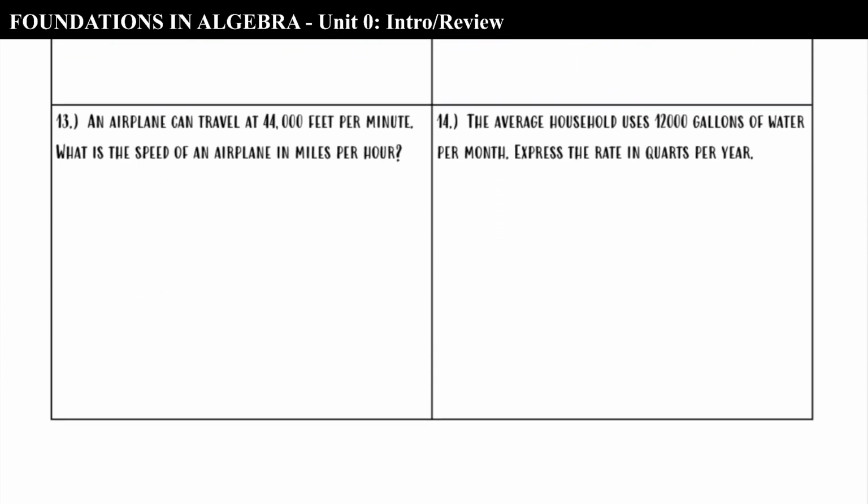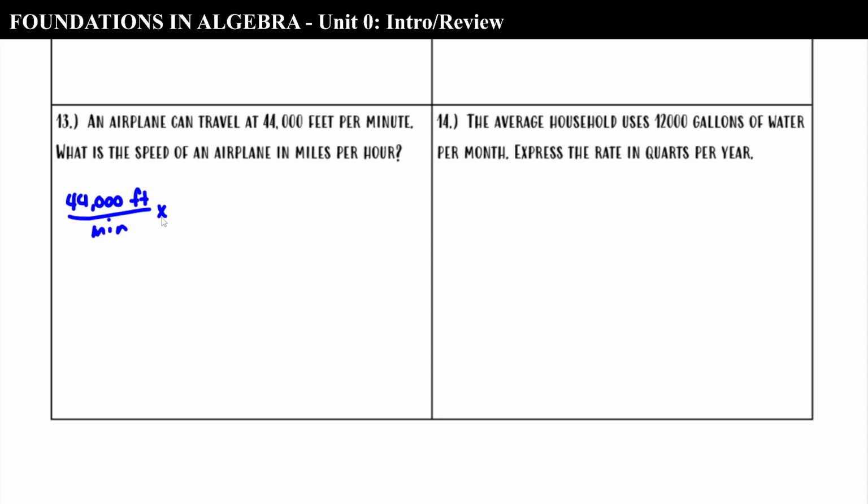An airplane can travel at 44,000 feet per minute. What is the speed of the airplane in miles per hour? We're going to start with 44,000 feet per minute, and we want the speed in miles per hour.